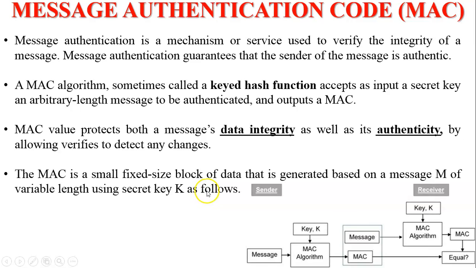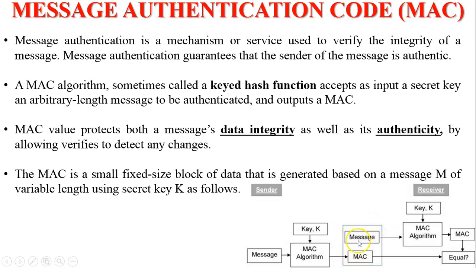Now see one figure and discuss that. Here is the sender and here is the receiver. Before sending, the sender will generate a MAC with the help of the MAC algorithm and key K, and the MAC is appended to the message and sent to the receiver.